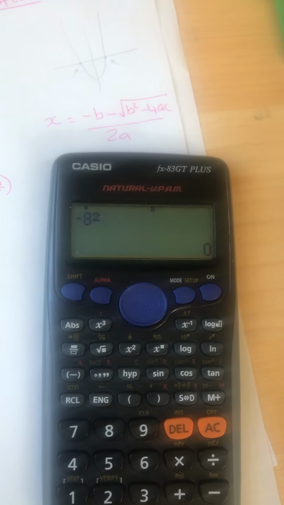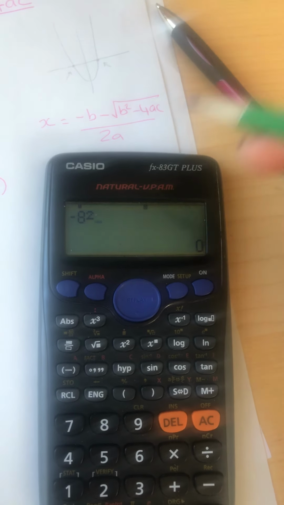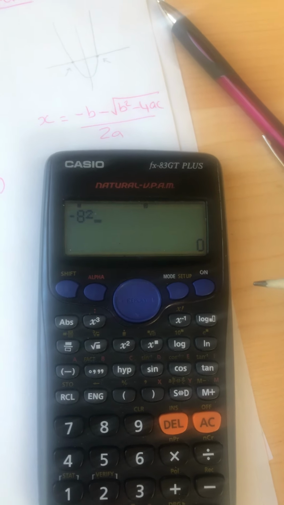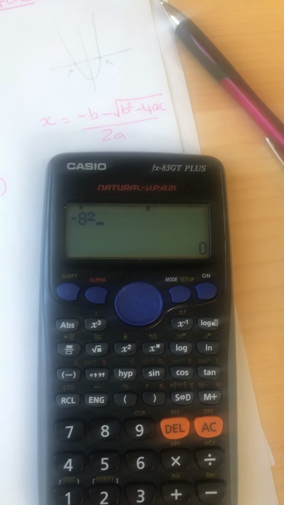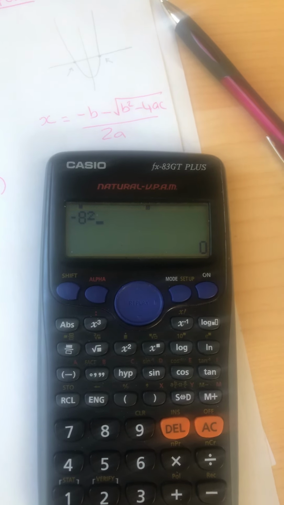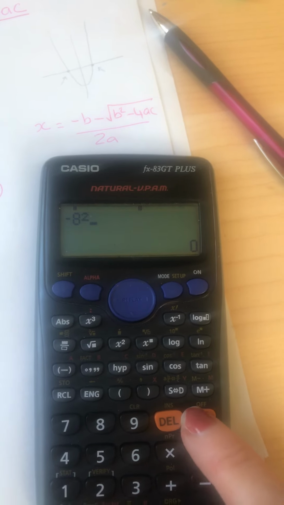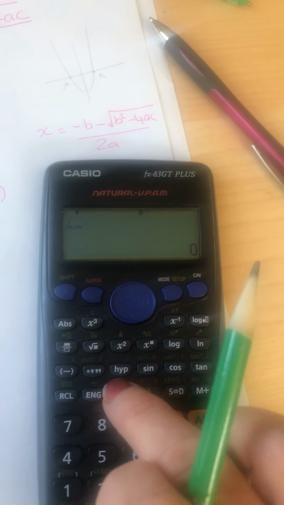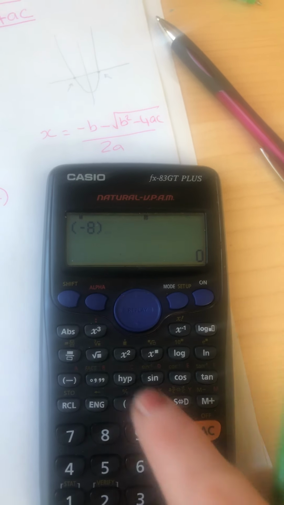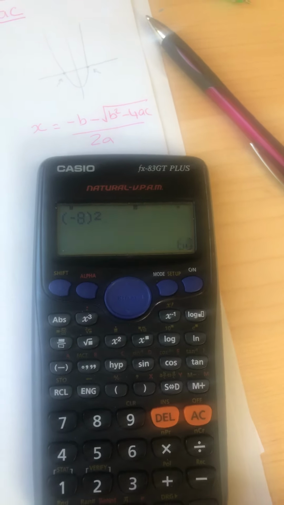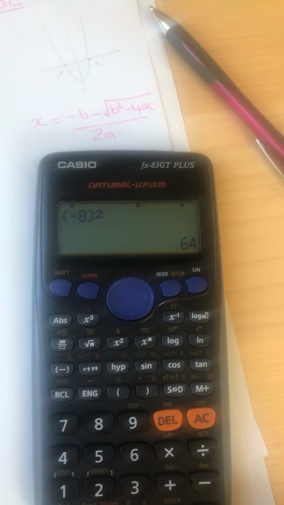Then it will say, well, I want a negative version of that, so I want negative 64. But you know that negative 8 squared means negative 8 times negative 8, which will give you a positive answer. So when you're typing it in, you would have to open a bracket and say negative 8, all of negative 8, to be squared, and that'll give you 64.